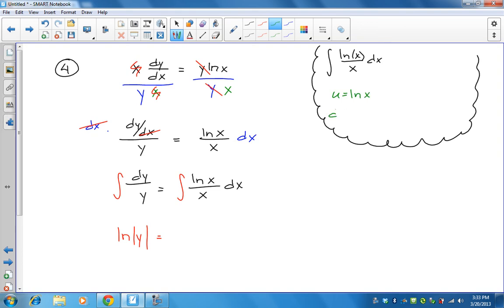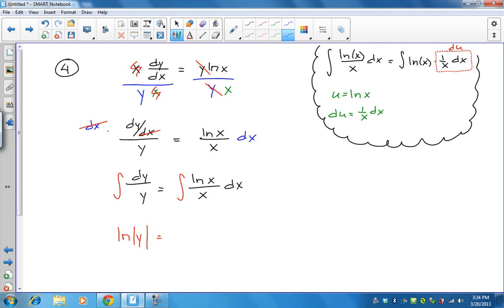The reason I like that to be my u is because the derivative of ln x is 1 over x dx, and that's exactly what I have here. I could rewrite this function as the natural log of x times 1 over x. And here is my du ready to be used. So there's my du.